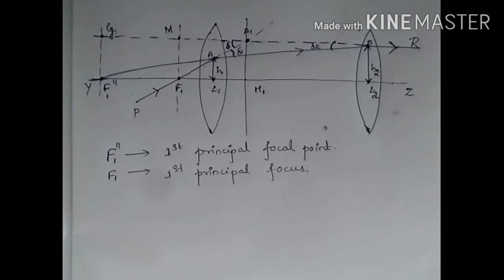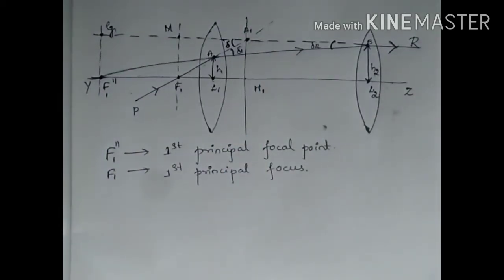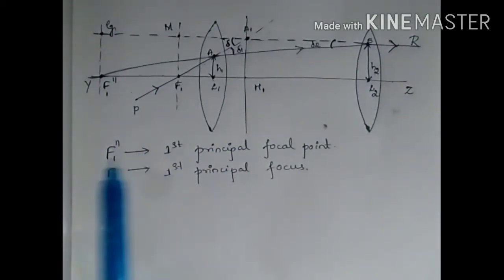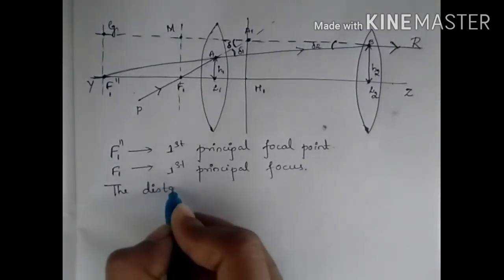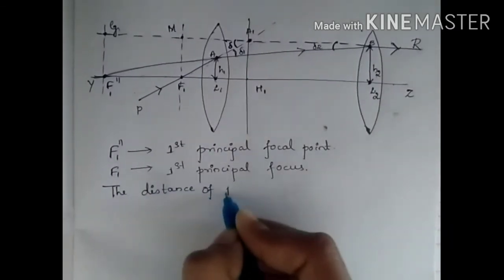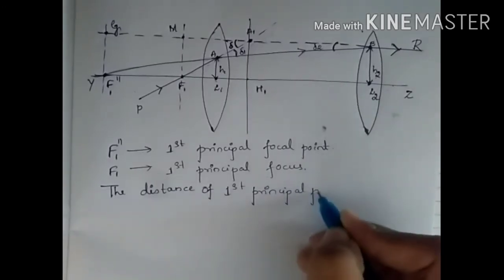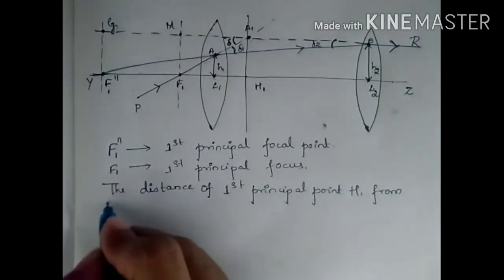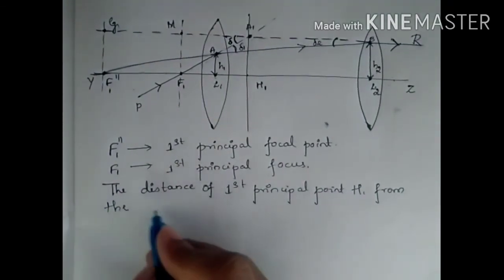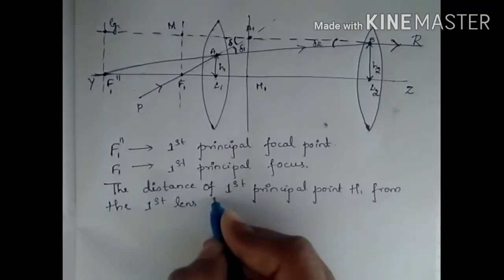So now with this diagram, let us find what is the position of first principal point and the position of first focal point. So let's start. The distance of first principal point H1 from the lens or from the first lens L1.